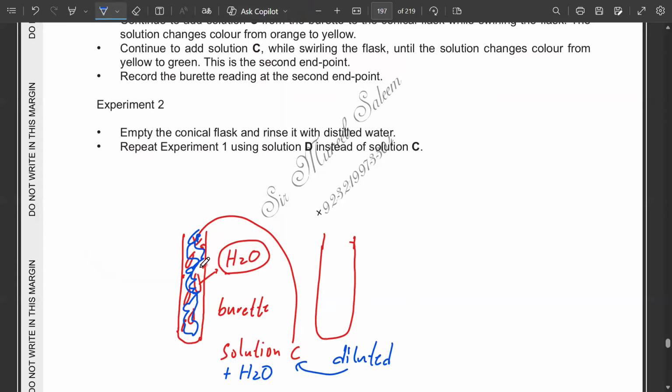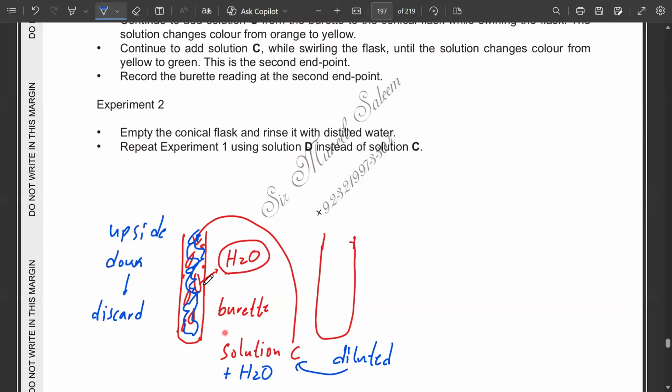So to remove those water droplets, we put some amount of solution C into the burette, properly shake it, and stir it upside down. You tilt the burette upside down repeatedly so that the water droplets are thoroughly mixed into the solution C, and then you discard it. This is called rinsing.